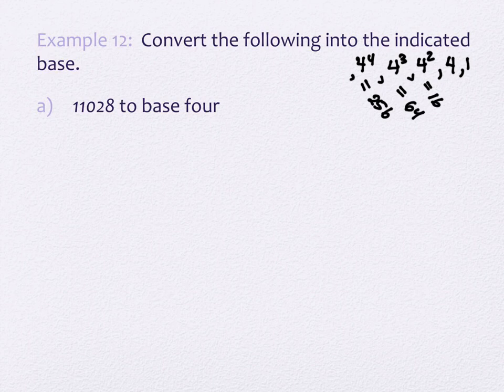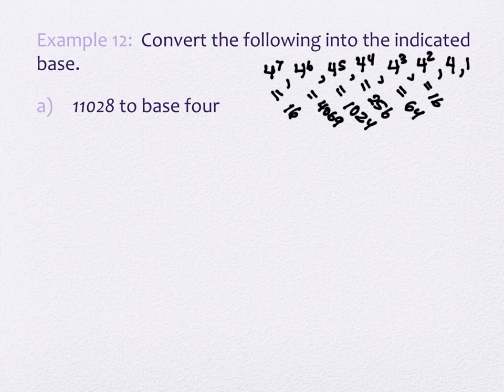I'm going to have 4 to the 5th. Is it 1024? I think that sounds right. 4 to the 6th is 4096. And if I do 4 to the 7th, what happens? You said 4096, and I said 4 to the 7th.